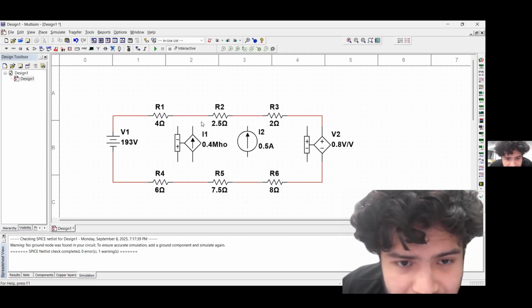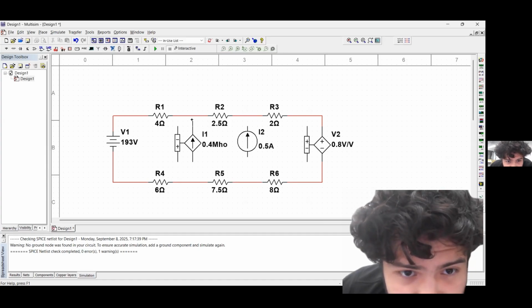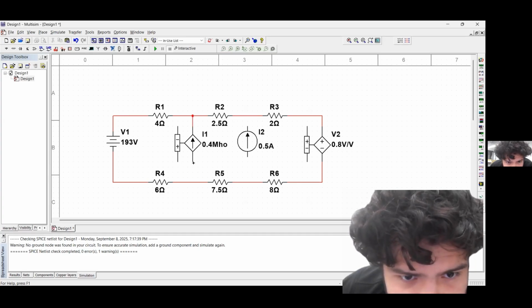And now we're going to connect our vertical wires, such as this.